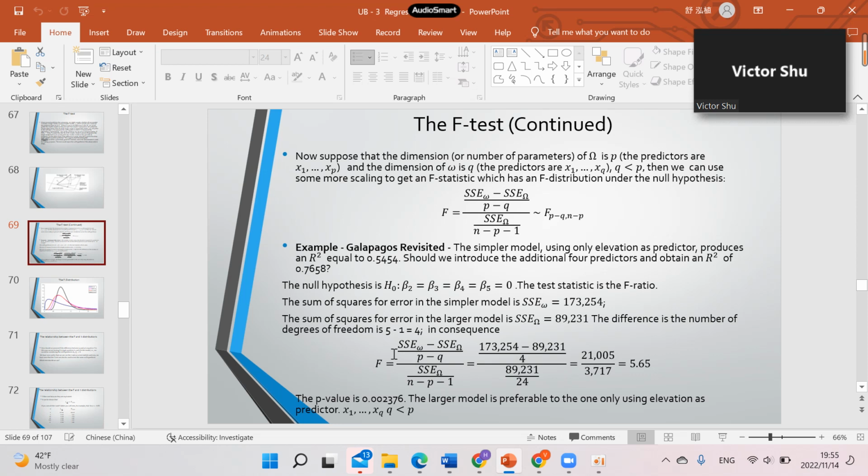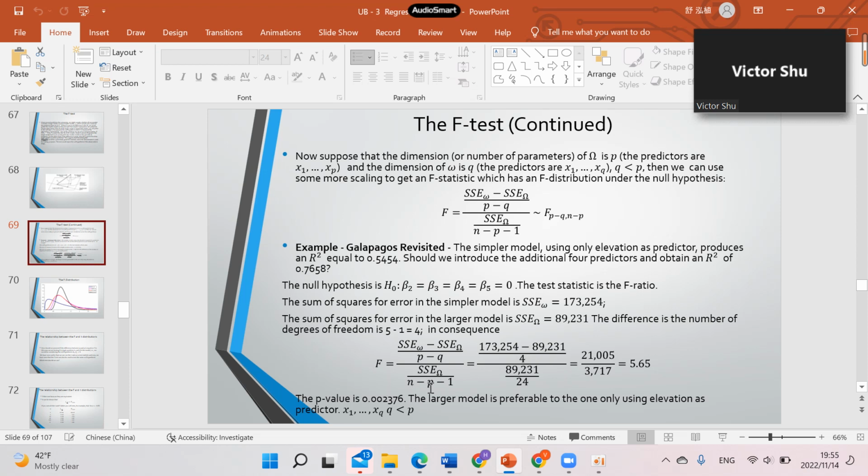So basically you're going to use the sum of square error of the simplified model minus the sum of square error of the full model, over p minus q, where p is the number of predictors you're using in the full model and q is the number of predictors you use in the simplified model. In this case, p equals 5 and q equals 1.